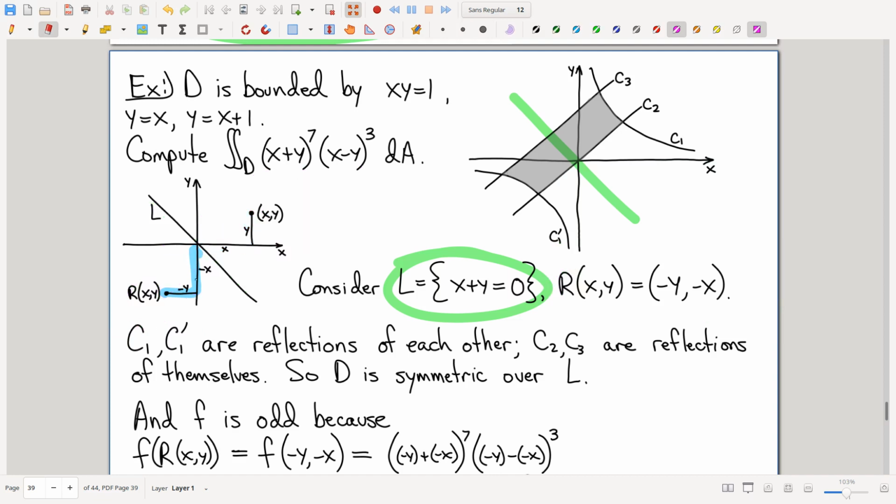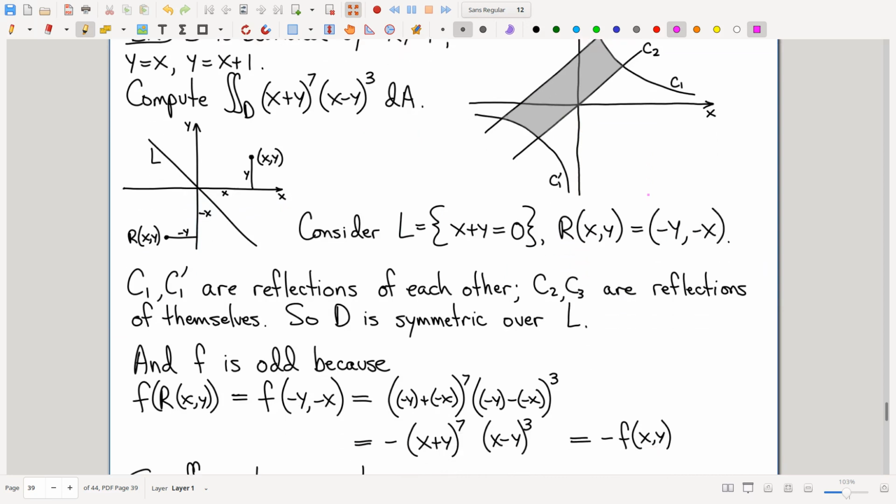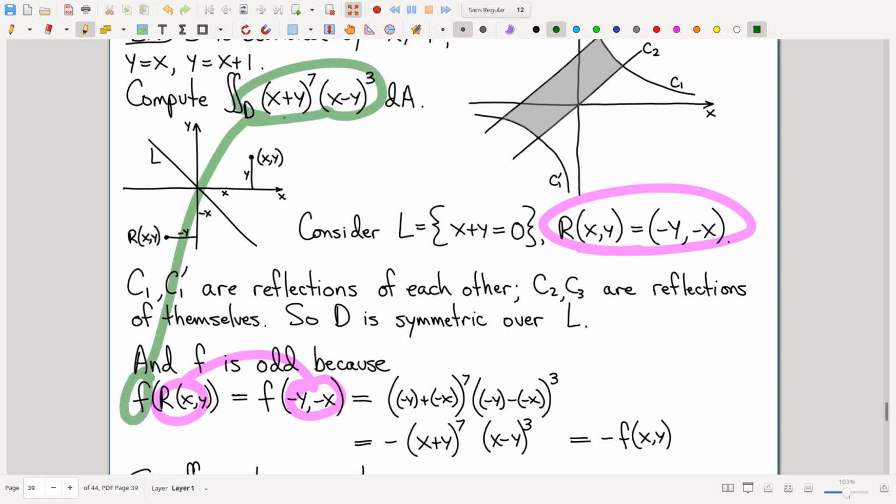Okay. Let's see here. The function is odd. How do I know the function's odd? Well, we have our reflection. I plug in my reflection into my integrand. And again, algebra, and you got to pay careful attention to your minus signs. That's the squirrely part of this calculation.